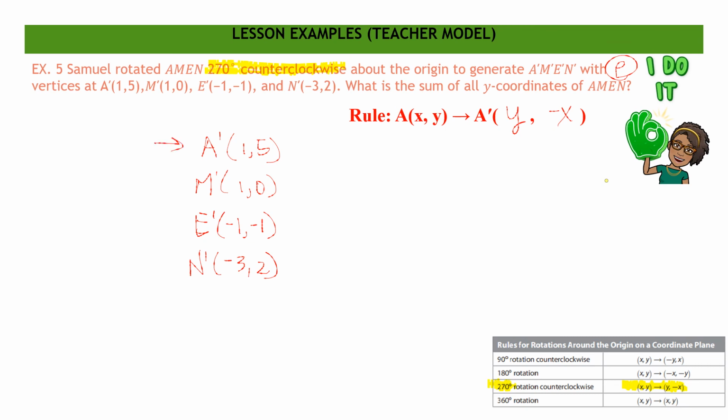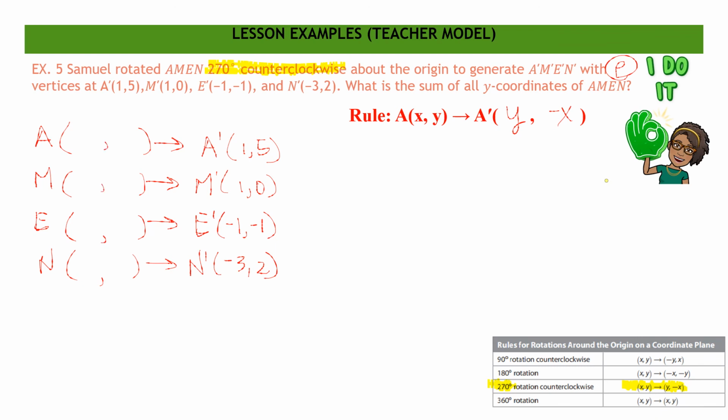And they want us to find the pre-image points, the points that came before this, so A, M, E, and N. So essentially, ladies and gentlemen, we are working backwards to figure out what the pre-image points were.